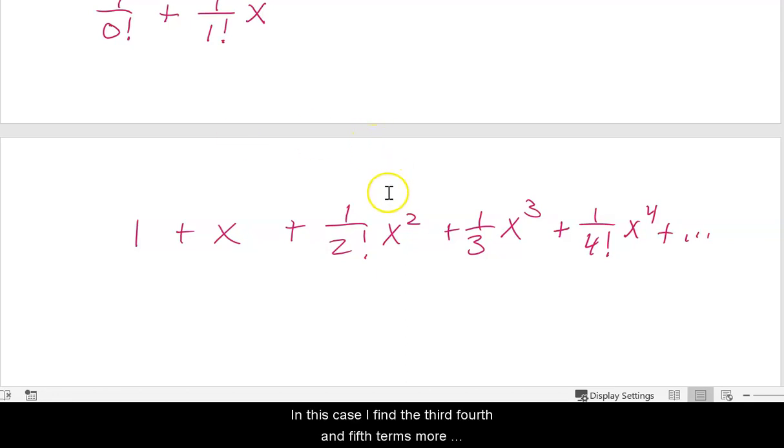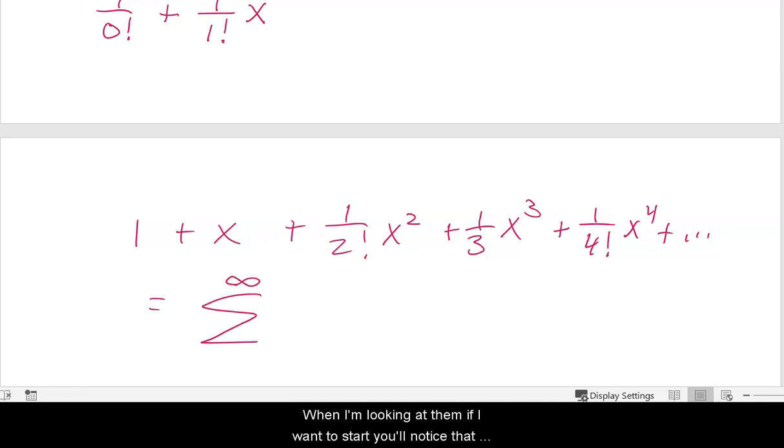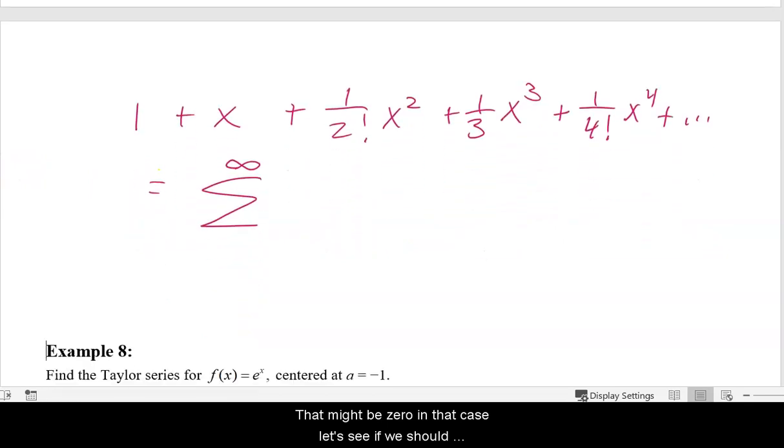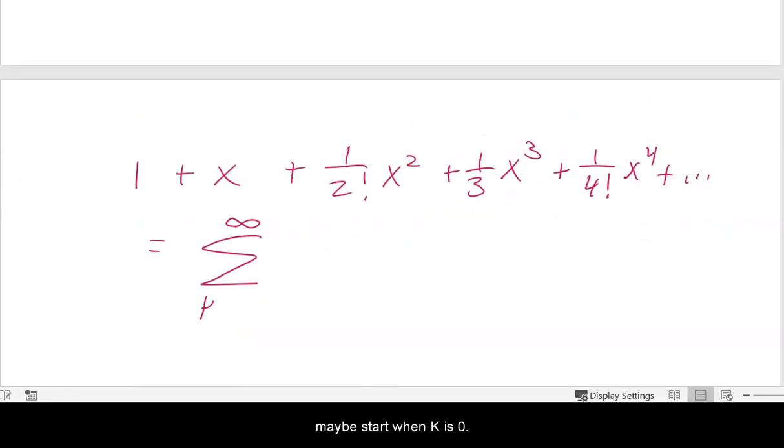In this case, I find the 3rd, 4th, and 5th terms more helpful to develop the infinite series formula. When I'm looking at them, if I want to start, you'll notice that the powers of x are 4, 3, 2, that's 1, that might be 0. In that case, let's see if we should maybe start when k is 0.